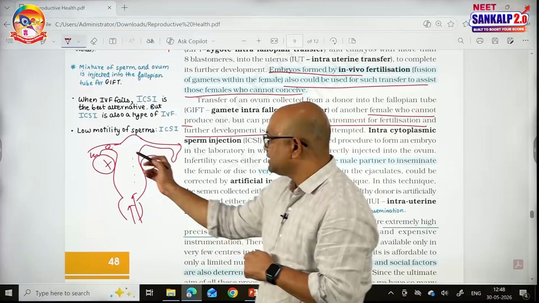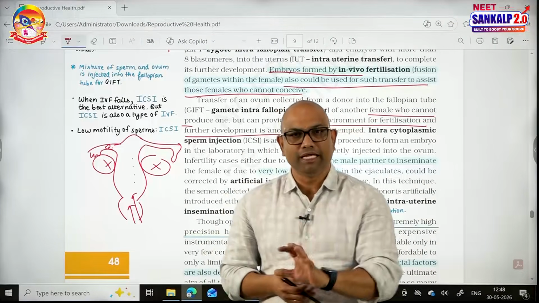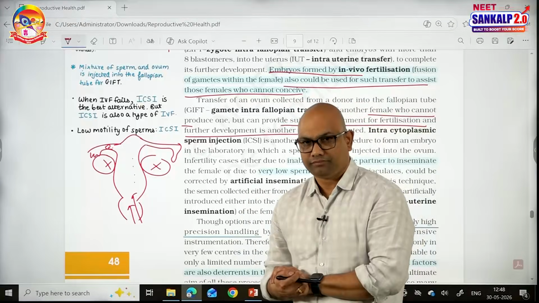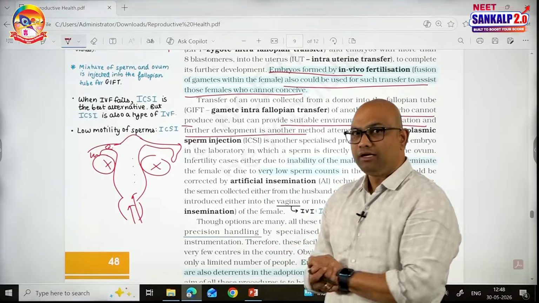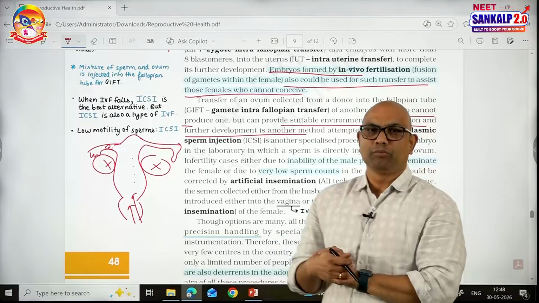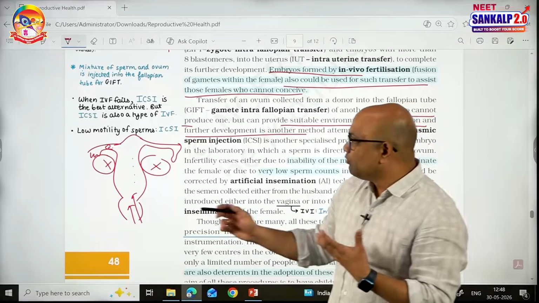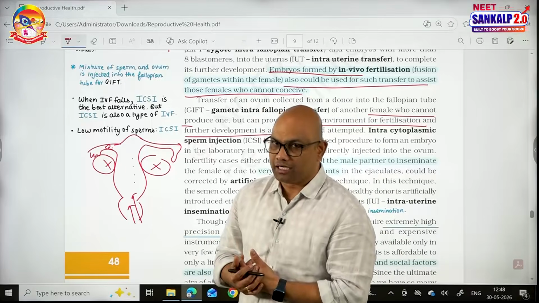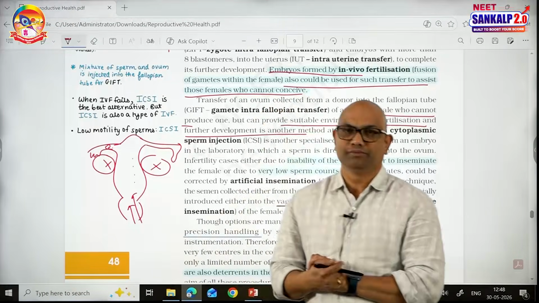But as the fertilization is happening inside the fallopian tube in GIFT, the type of fertilization in GIFT is said to be in vivo. So, this method is useful for a female who cannot produce ovum, but can provide a suitable environment for fertilization and implantation. It is not only ovum that is transferred in gamete intrafallopian transfer, a mixture of ovum and sperm also can be injected into the fallopian tube.